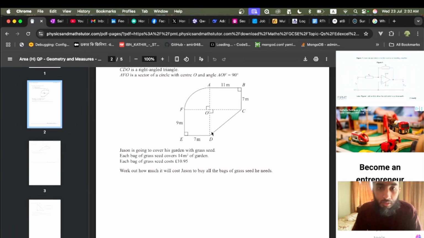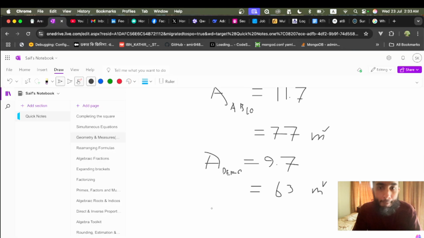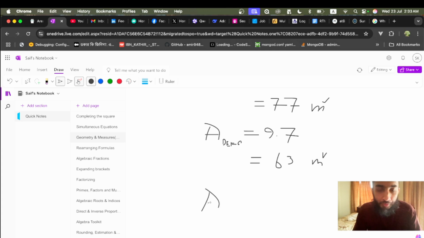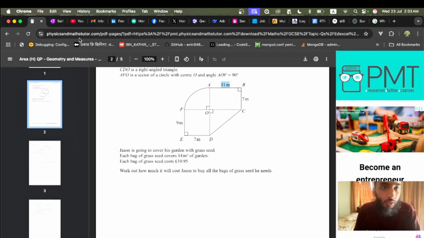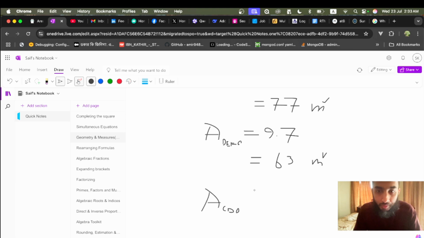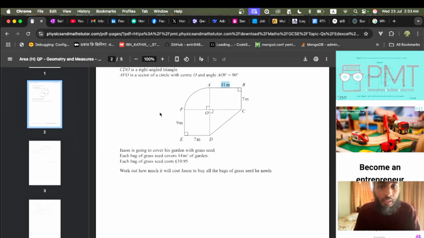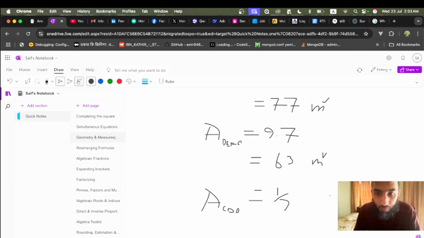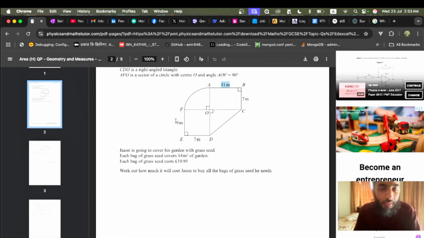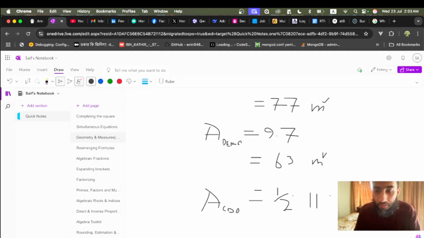Now let's focus on the area of the triangle. The base here is 11 meters, because this is 11, so this should also be 11. And the height here is 9. So 11 and 9. The area of the triangle CDO is half into 11 into the height, which is 9.